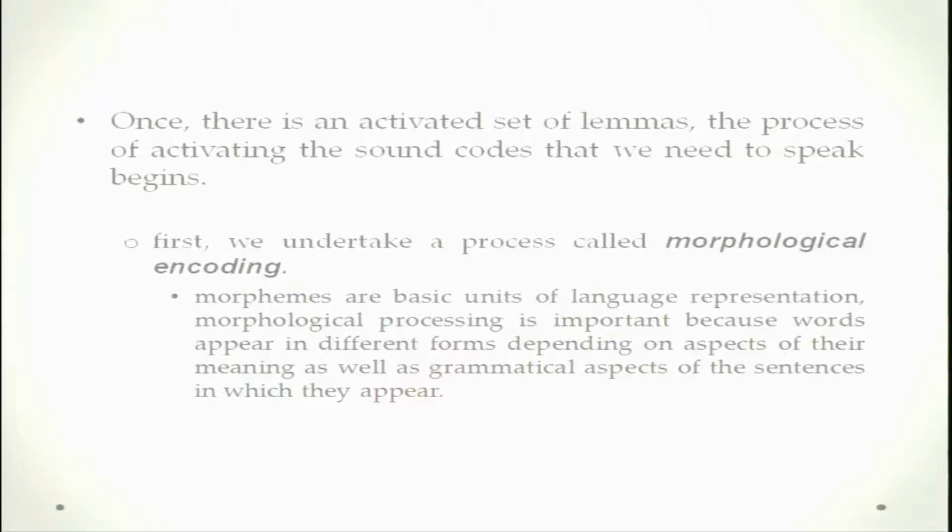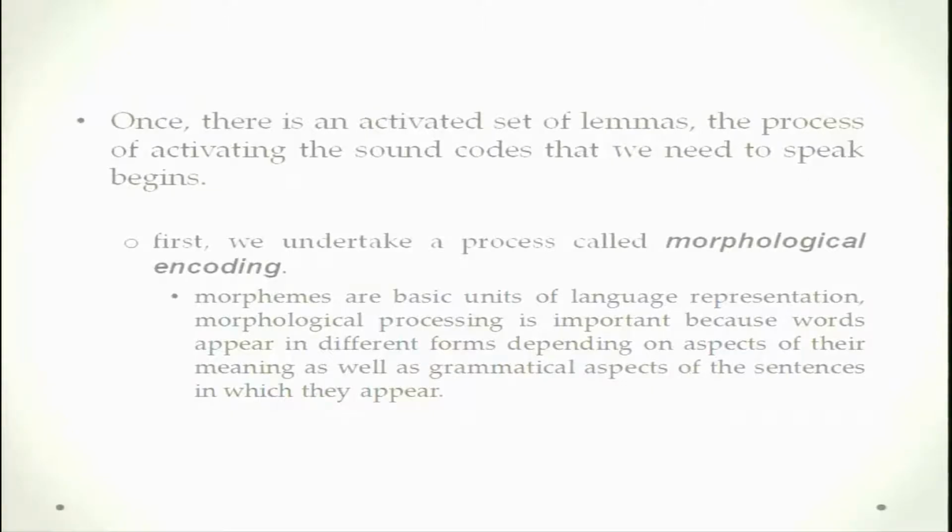Okay, so once you've activated a set of lemmas, all of this is what I am going to talk about. Then you would want to activate the words. You will start putting the words together. Am I going to talk about plural, a he or a she, or an object or a person? All of this information, because you now have an activated lemma, is there with you.